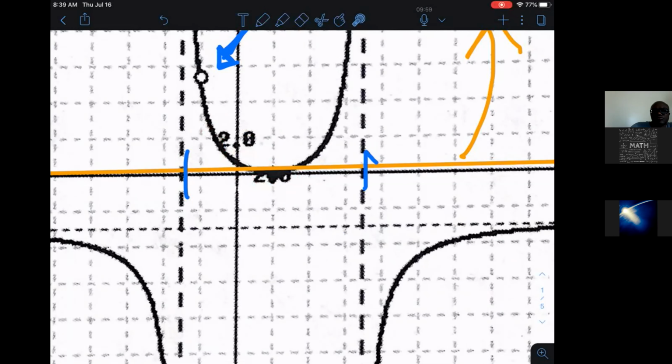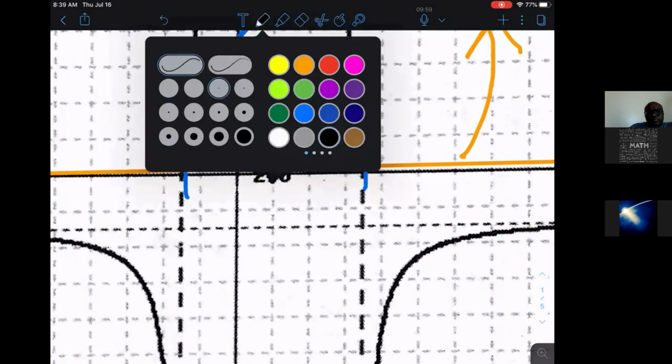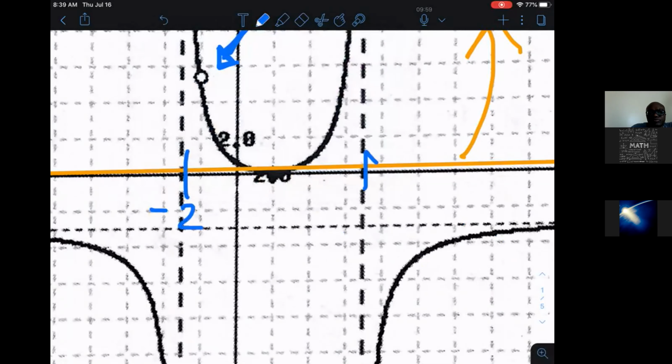You have to look at the units your graph is going by. So this point here is actually -2. Let's count: 2, 4, 6, 8. This is 8, so if it's in between, this point is 7.